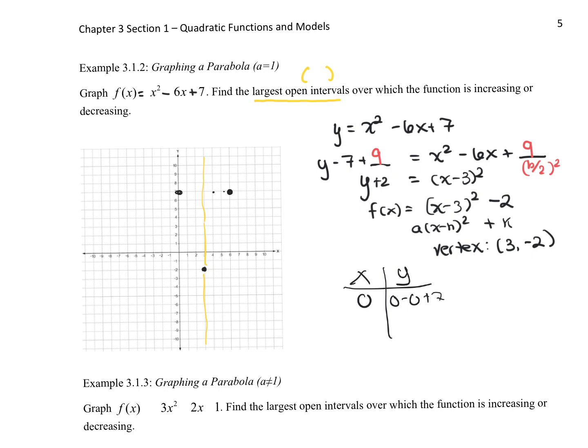There's another point. Let's plug in 1. 1 squared is 1 minus 6 plus 7, negative 5 plus 7 is 2. So (1, 2). So here's my parabola.